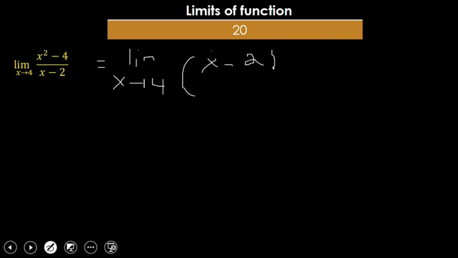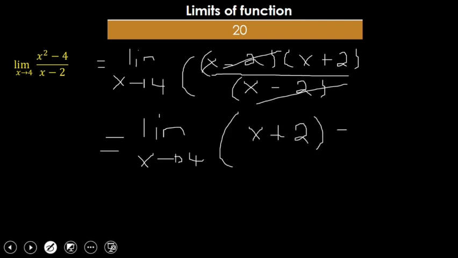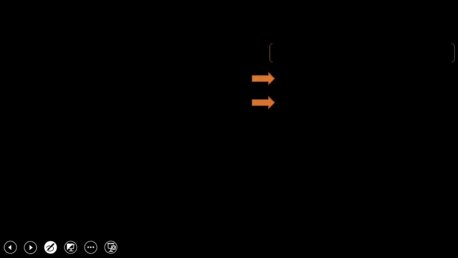X minus 2 times x plus 2 all over x minus 2, and this cancels with that. This is equal to limit as x tends to 4 of x plus 2. This is equal to what? 6. And move to the next question.